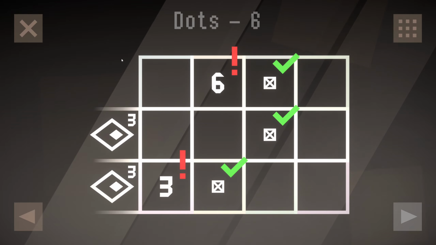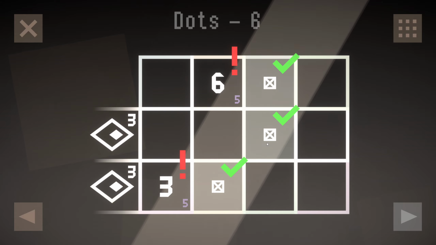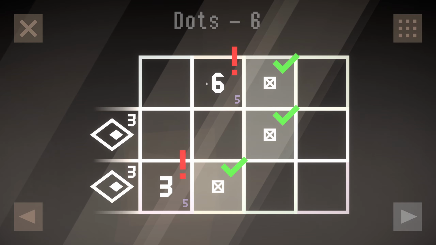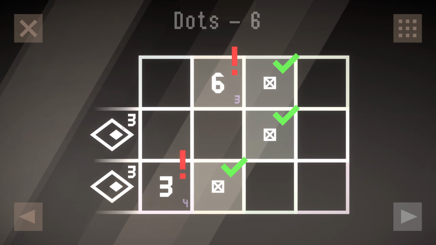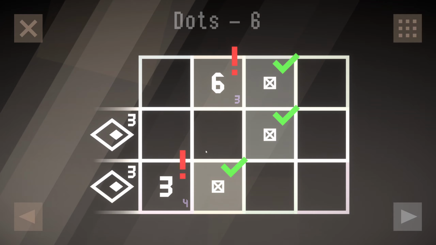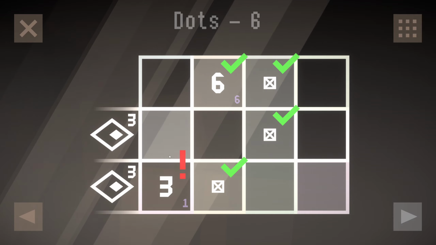The pips are either all positive or all negative. If they're all positive, this 6 is in a region of 5, which is too small. So it has to be positive. We then have to fill in 2 more of these and 2 more of these. But then the 3 is unhappy.